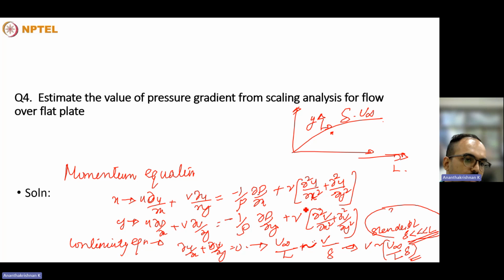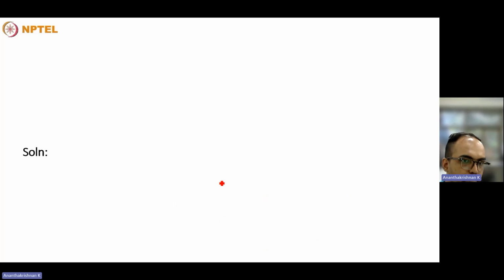That is a very small quantity, so we can reduce it to 0. This is the slenderness criterion. Similarly, on the y side, since x is quite large, we can put it equal to 0, based on the slenderness criterion. But v can be scaled in the form of u infinity delta divided by L. That is the first part of it.